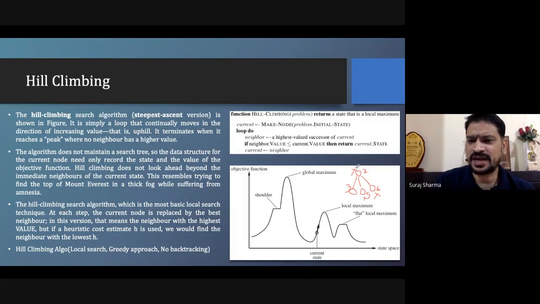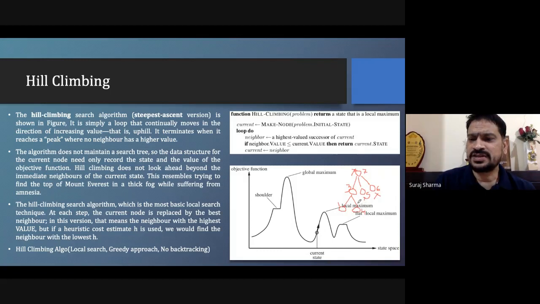Now this is my current node, which has the value 3. Now 3 may have 2 neighbors. This is one neighbor and this is another neighbor. Let's say this value is 1, and this value is 4. Which one will I go to? I'll go in this direction because it has the least heuristic value.